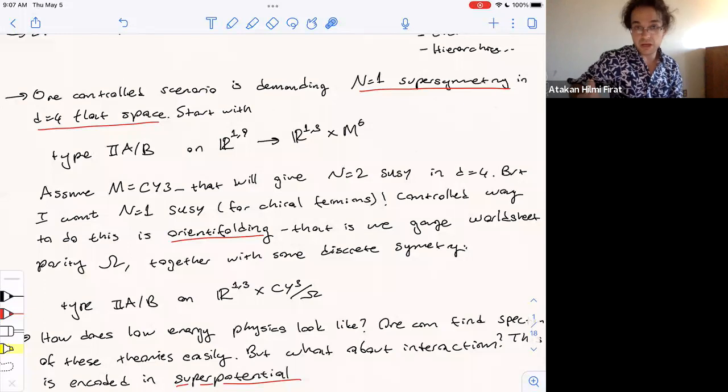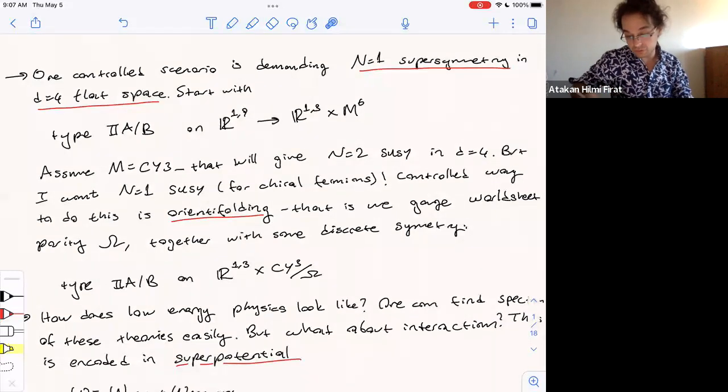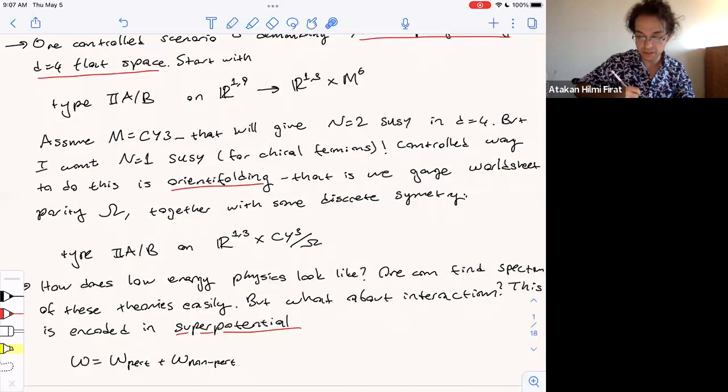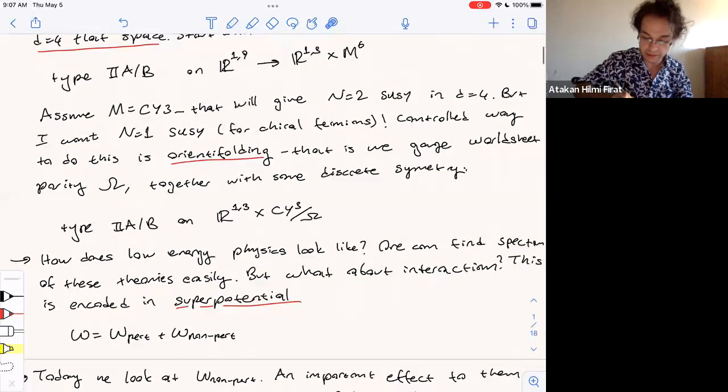But again, I want N=1 SUSY, because first of all there are chiral fermions in there, and the way to achieve this is to orientifold this internal Calabi-Yau. That is, we gauge the worldsheet parity, possibly with some discrete symmetries, and consider type II theory, either A or B, on this space.